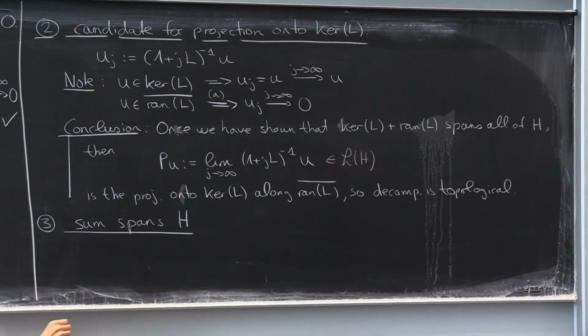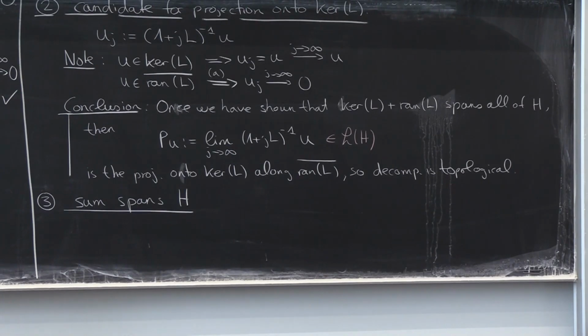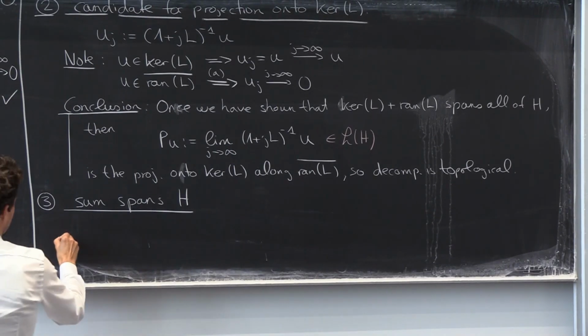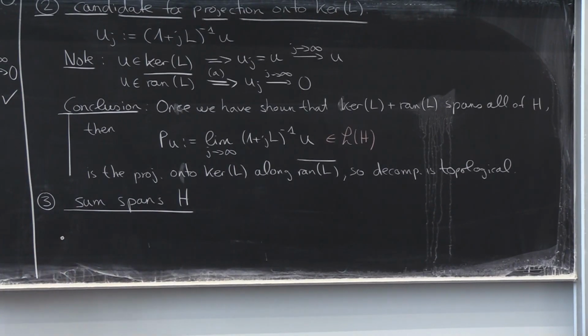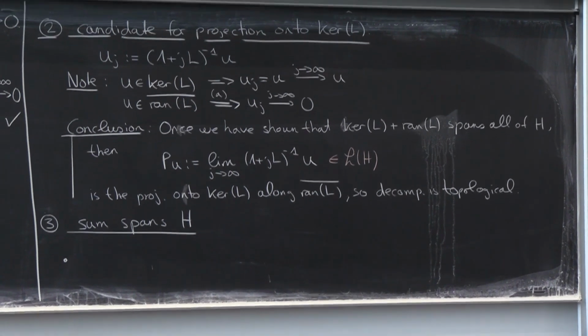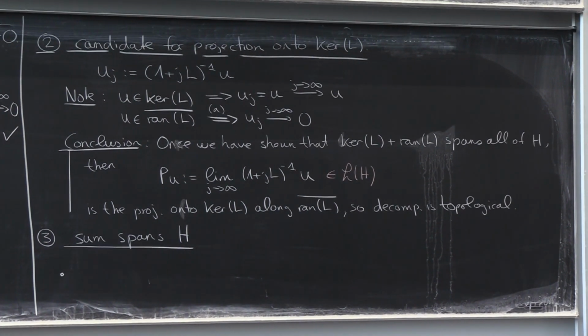How am I going to do that? You have to help me. I mean, my main issue here is, what's my main issue actually? My main issue seems to be that I do not know that the u_j converge for every u.